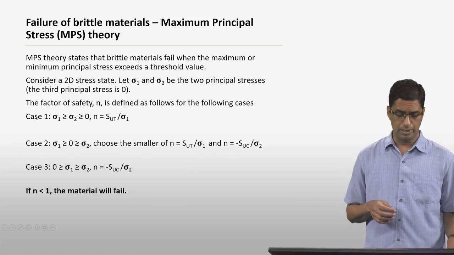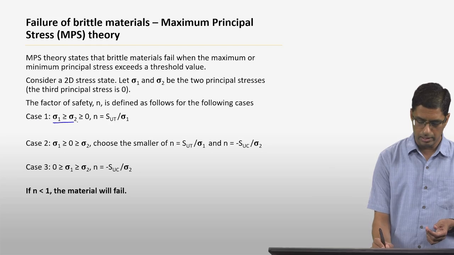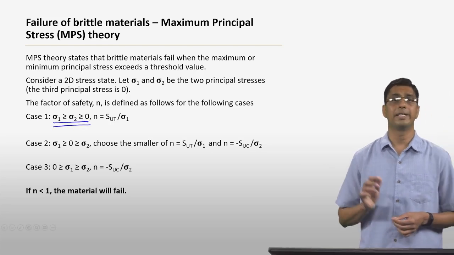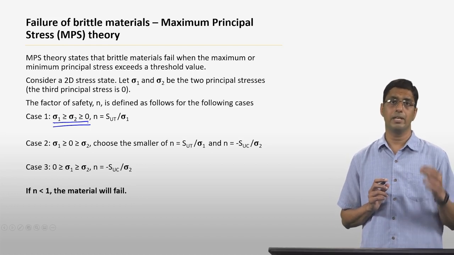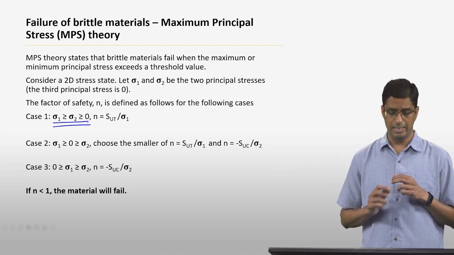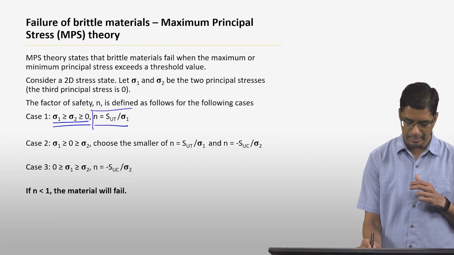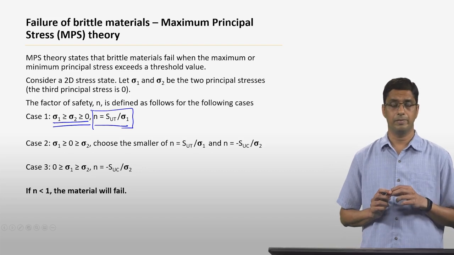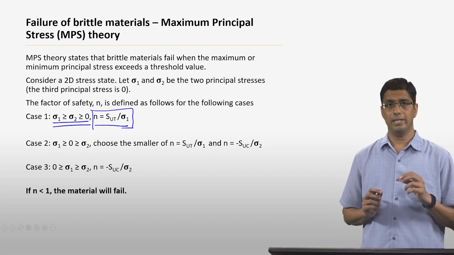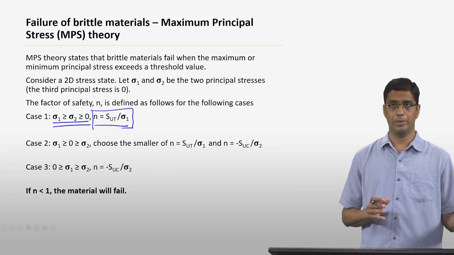Case 1 is where both sigma 1 and sigma 2 are greater than 0. Both the first and second principal stresses are greater than 0. In that case, your factor of safety is just defined as SUT over sigma 1. Again, remember, sigma 1 is the first principal stress, so it is always larger than sigma 2.